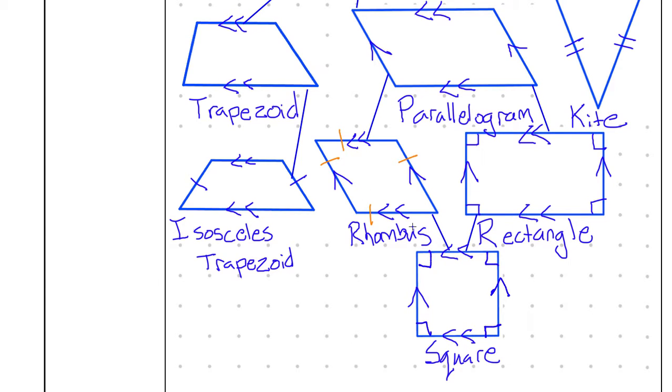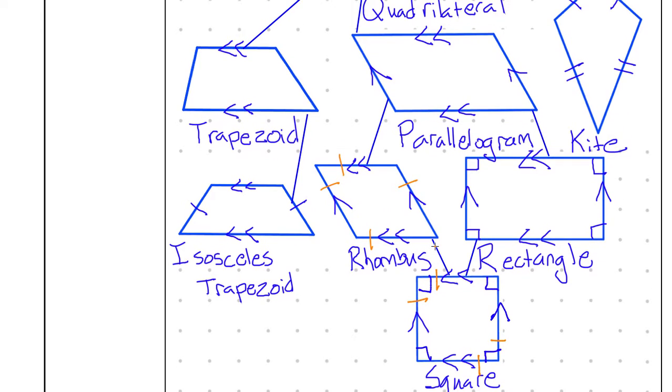And because it's a son of a rhombus, or daughter, it's a child of the rhombus, all of these sides are also congruent. They have tick marks on them. That is what makes a square. Wow. So, a square is one of those really cool, unique shapes because I can say, this is a square, this is a rhombus, this is a rectangle, this is a parallelogram, and this is a quadrilateral, all in one shape. It has so many names.